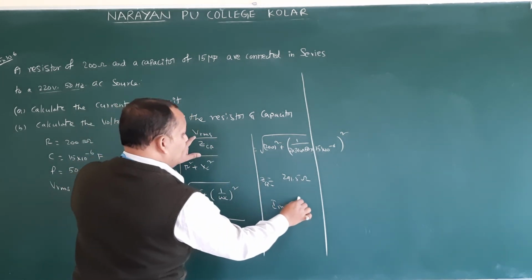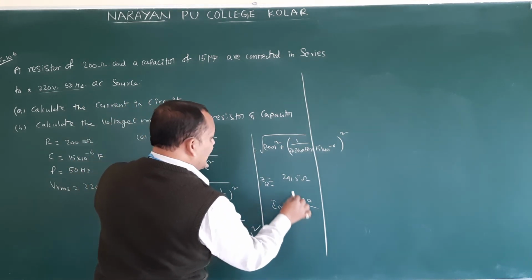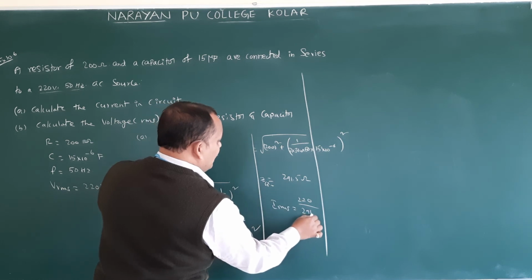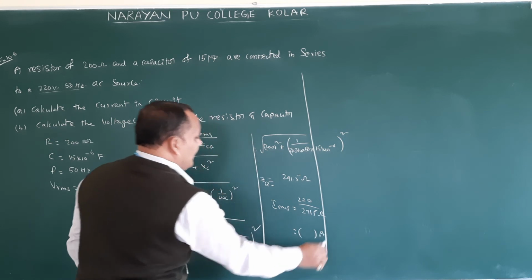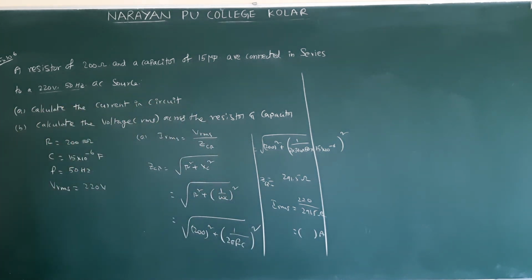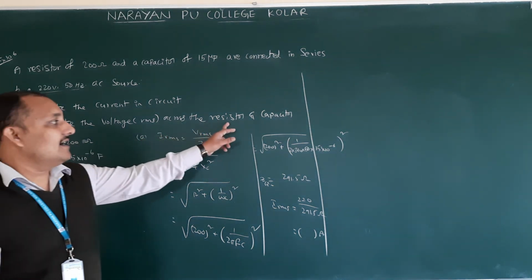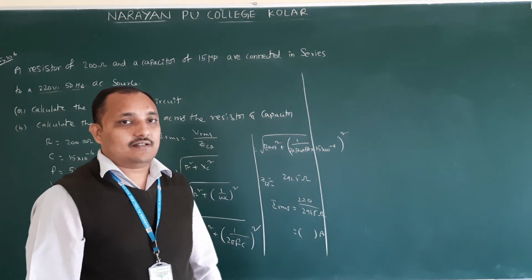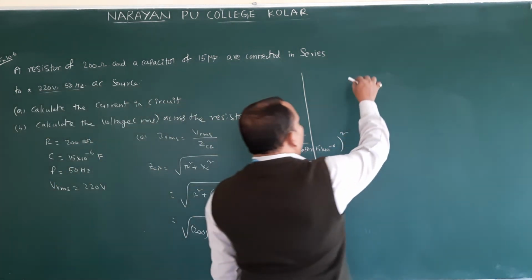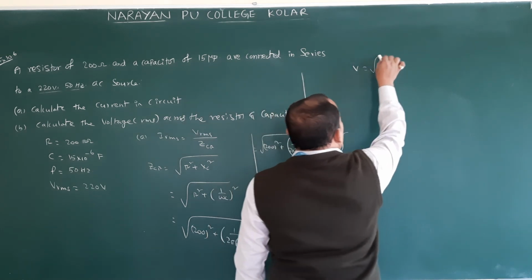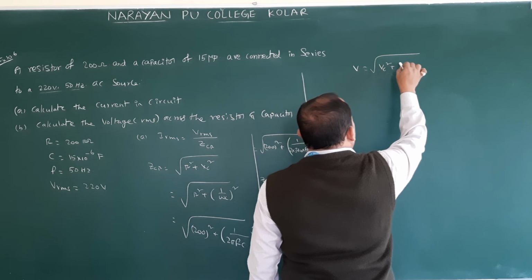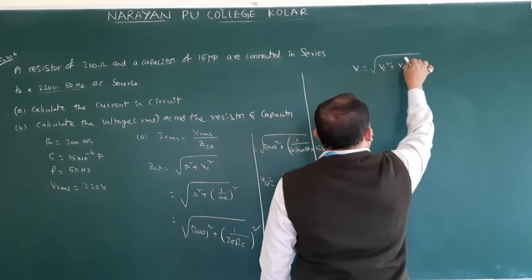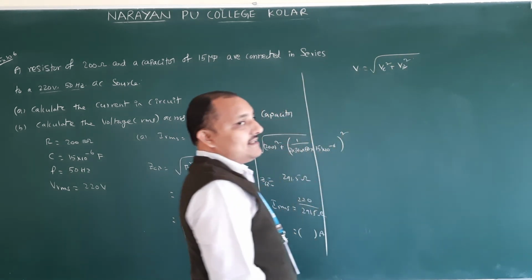Substitute this here. IRMS is equal to VRMS, 220, by ZCR, which is 291.5. That is nothing but some value in amperes, that is IRMS. Next, calculate the voltage across the resistor and the capacitor. What is the resultant voltage formula? V is equal to root of VC square plus VR square.